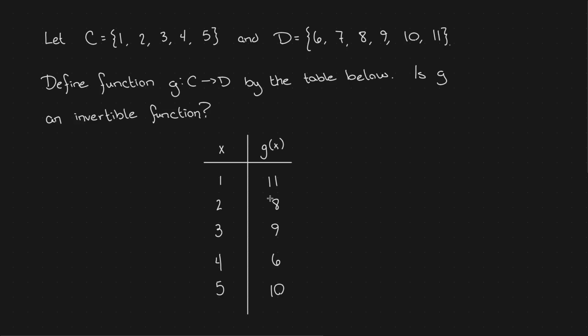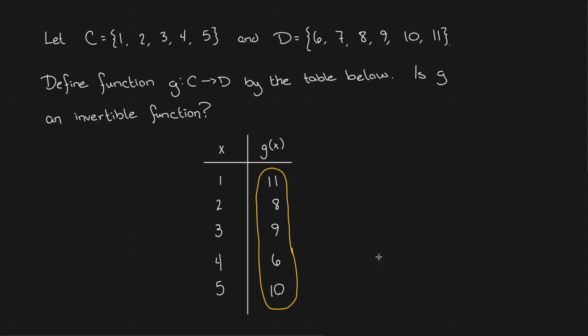So what I'm looking for is, do I have any duplicate output values here? That is, do I have any two different input values that map to the same output value? So 1 maps to 11, 2 maps to 8, 3 maps to 9, 4 maps to 6, 5 maps to 10. Notice all these values are unique, right?